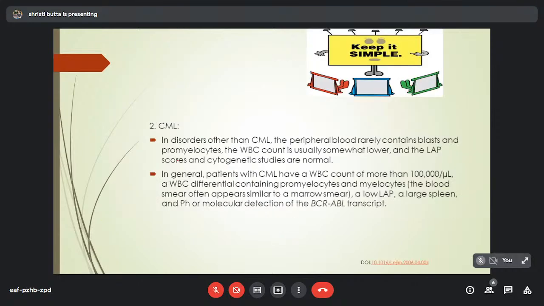Now coming to CML, we're keeping it simple because CML has a WBC count which is more than 1 lakh per microliter, usually. Okay, a WBC differential containing promyelocytes and metamyelocytes as well as myelocytes. So myelocyte peak is very important in CML. Okay, a low LAP score, a large spleen, and above all, a Philadelphia chromosome.